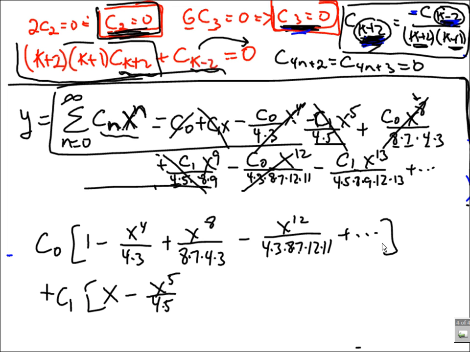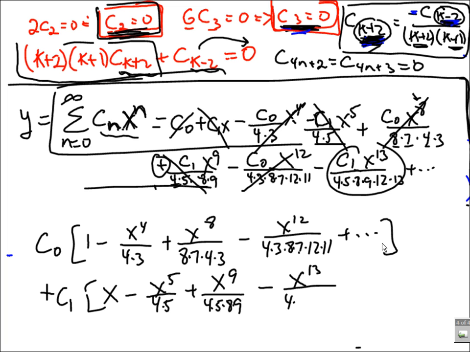So plus, I factored out the C1, there's the x to the 9th over 4 times 5 times 8 times 9 minus this term. I factored out the C1, x to the 13, 4 times 5, 8 times 9, 12 times 13, etc.